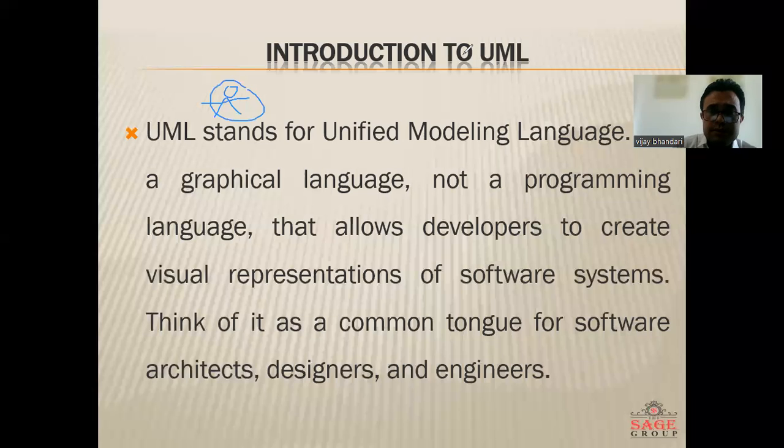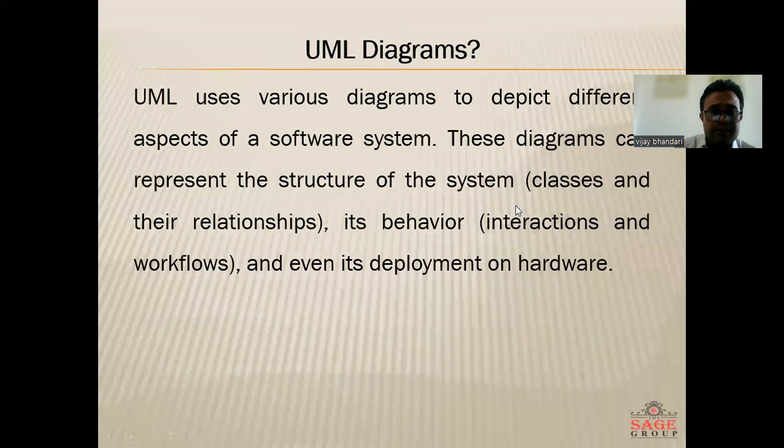If you have any doubts, you can ask me now. In the next slide, UML diagrams. UML diagrams are used for various kinds of software systems, as I already told you.